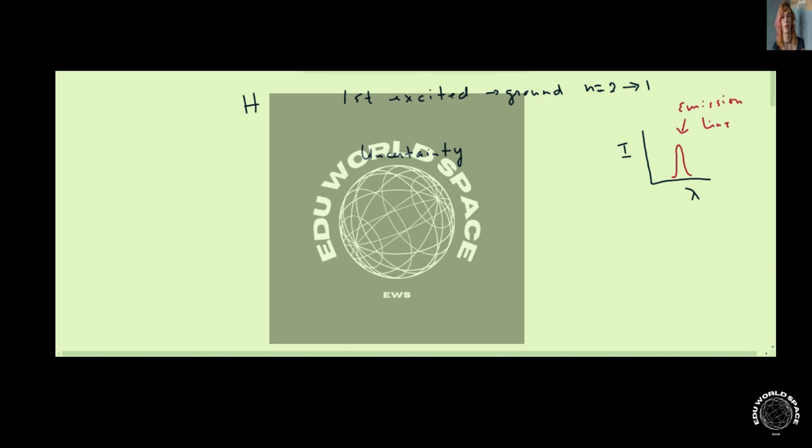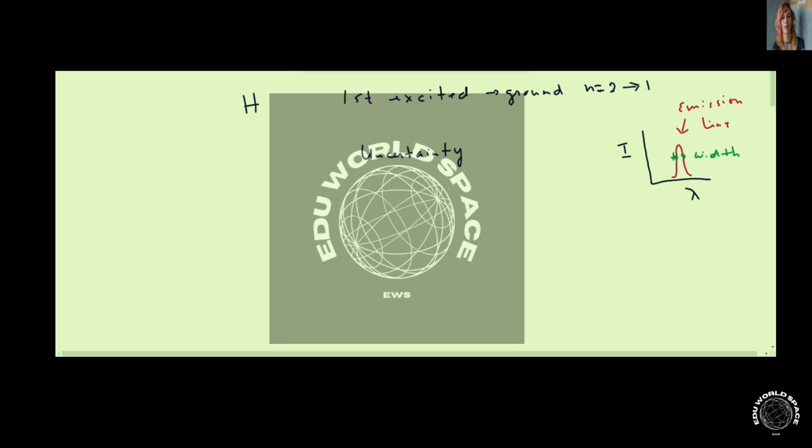And usually these are not very narrow lines. They have some sort of width associated with them. And one of the sources of that width is uncertainty in the energy, of course, of the photon coming out.